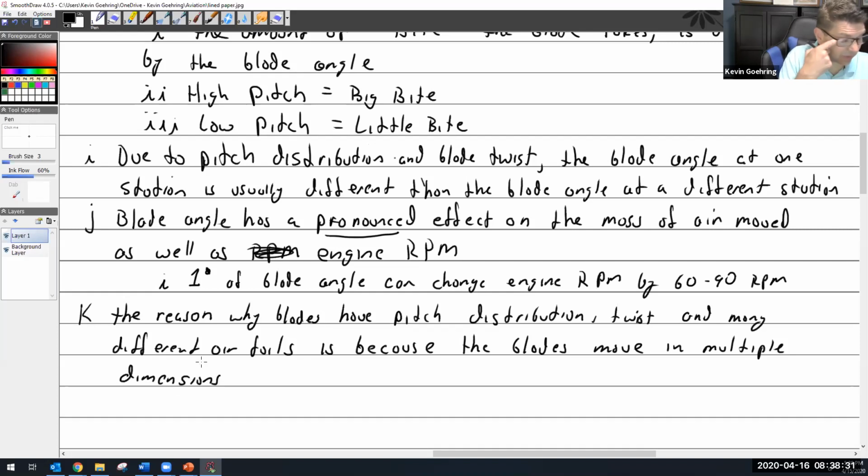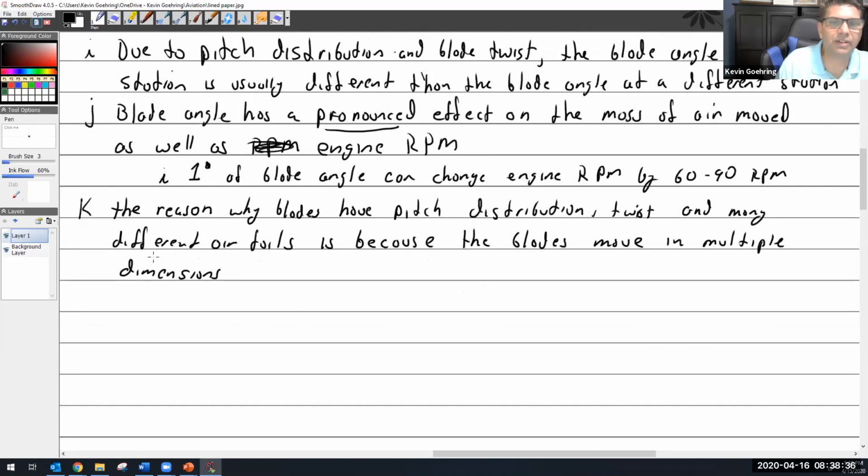And they're all different going down the length of the blade. So if we look at it, number one, we have different rotational speeds. Different rotational speeds of each station.